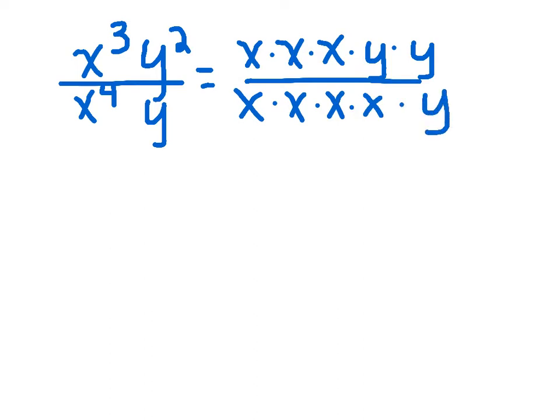I may not know specific values for x or y, but I do know that any number divided by itself equals 1. So I can cross that out, knowing that it equals 1. I can cross that out, and that, and that. So what I have left is x over y.